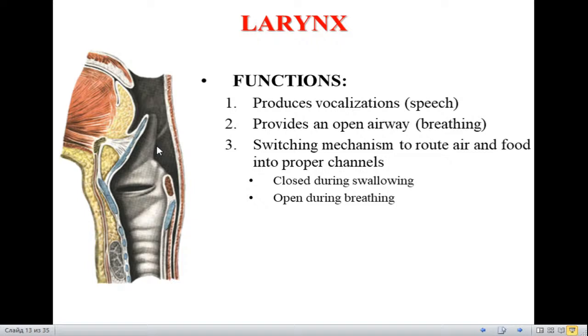If there is speech during eating, the food can easily pass into the larynx instead of entering the esophagus. That's why you have to be very attentive when you take a meal.